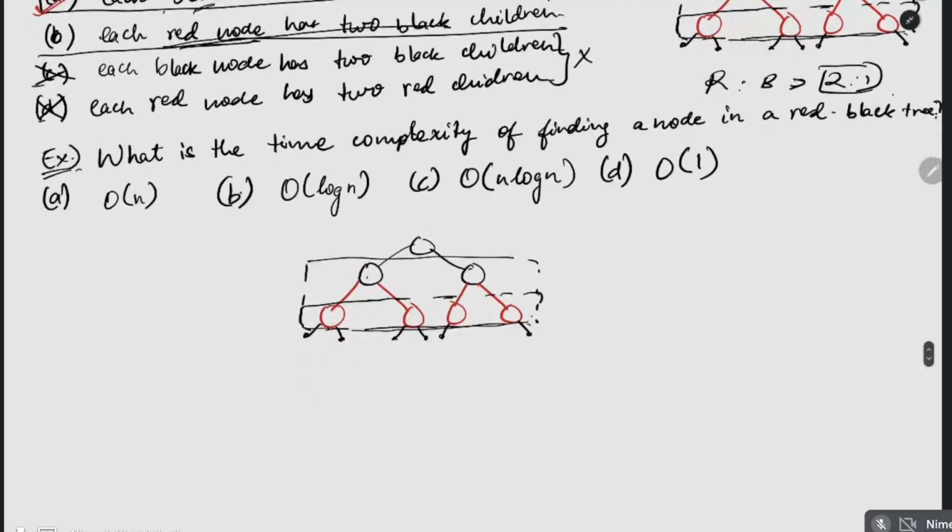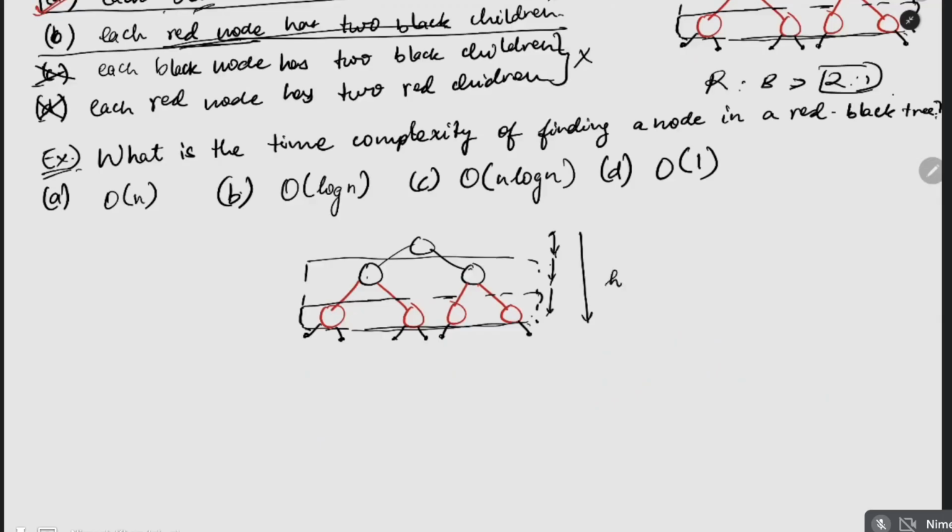To find any node, at every step we just need to go one level down, right? So in the end, we need to traverse the height of the tree.